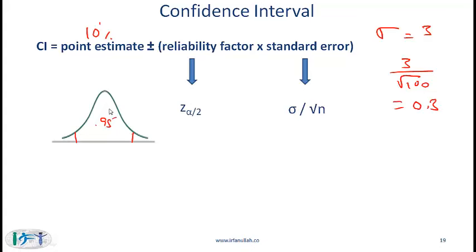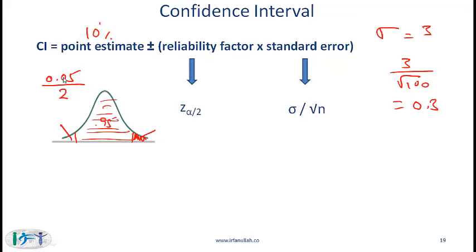If we look at a standard normal distribution, or a Z distribution, and we have 0.95 probability in this range, then essentially what we have in the two tails is a probability of 0.05, which is 1 minus 0.95, and then in one tail we have 0.05 divided by 2.